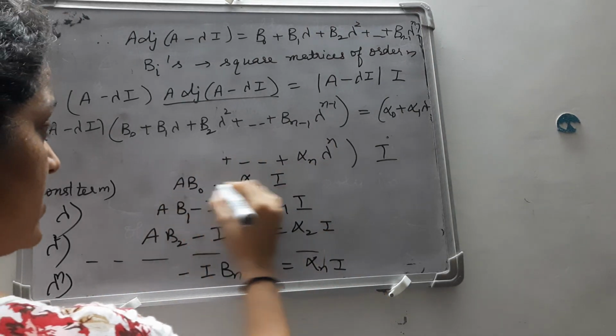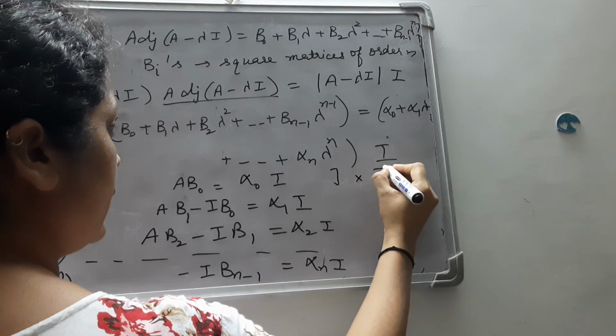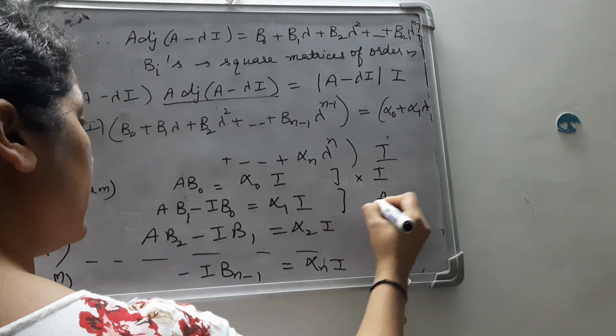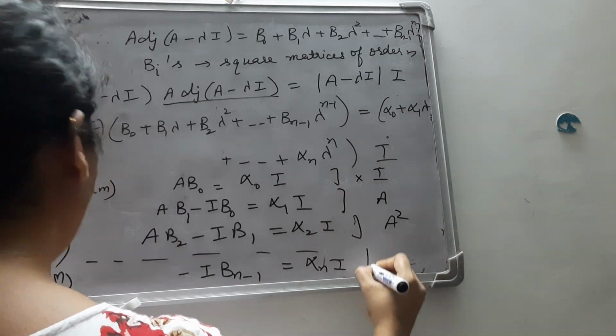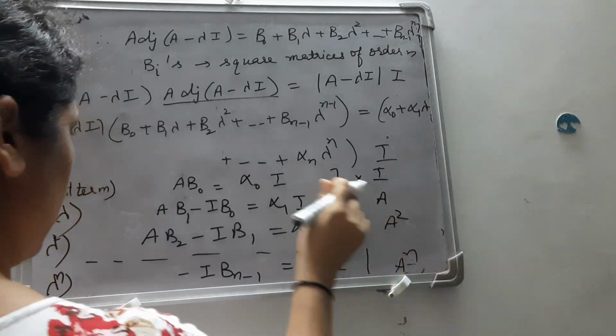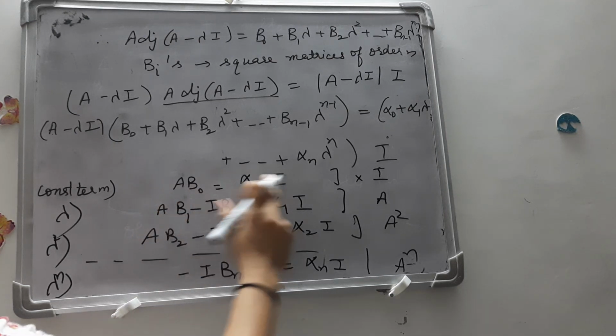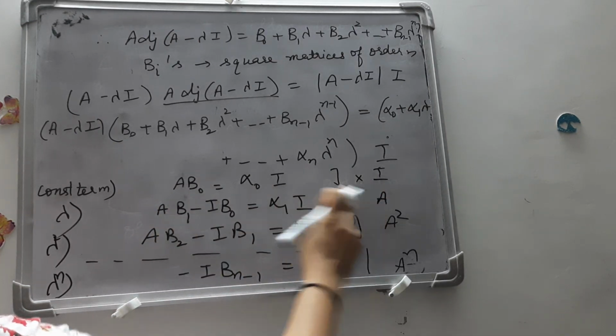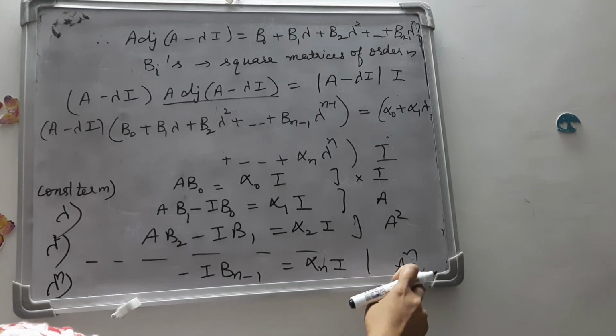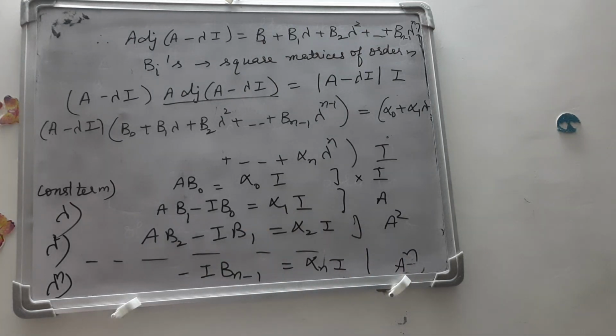Pre-multiplying the equations, the first equation we multiply with I, second with A, third with A square, up to the last with A power n, and adding.